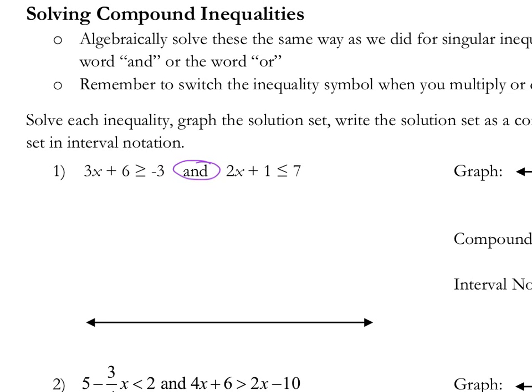So let's go ahead and solve for each inequality separately. For the first one, we should get x is greater than or equal to -3. And then for the second inequality, we should get x is less than or equal to 3.